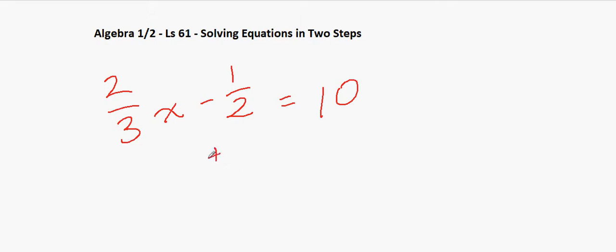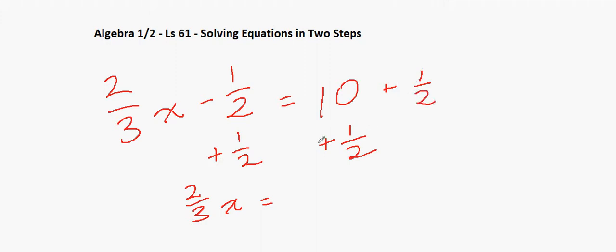Let's add 1/2 to both sides, so that I have 2/3 x equals, and when you're adding and subtracting fractions, this really ends up becoming a horizontal solution. 10 over 1 plus 1 over 2, which on your papers you'll probably immediately write as 20 over 2 plus 1 over 2 is 21/2.